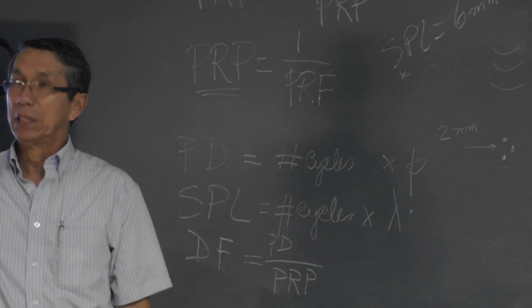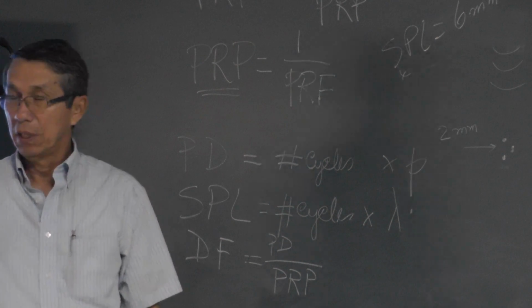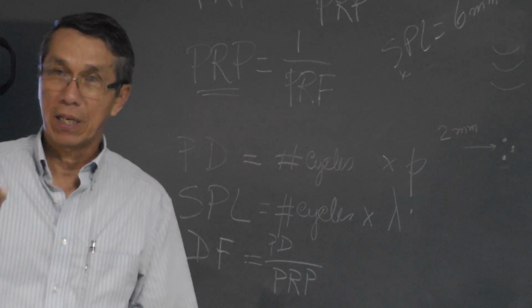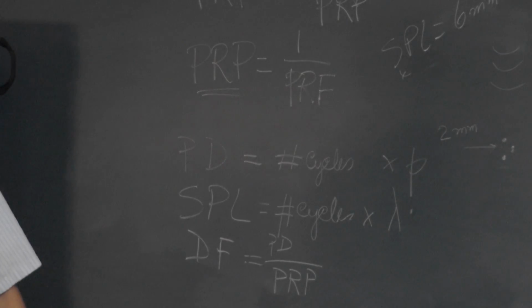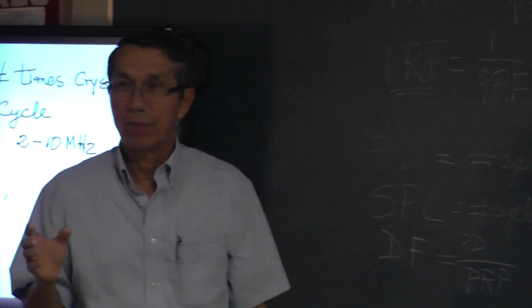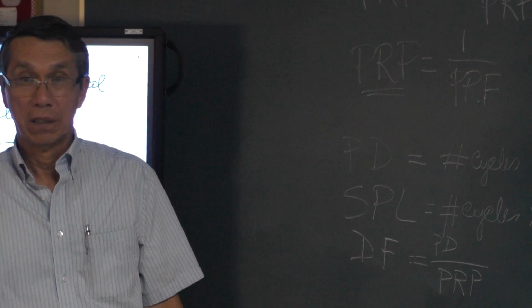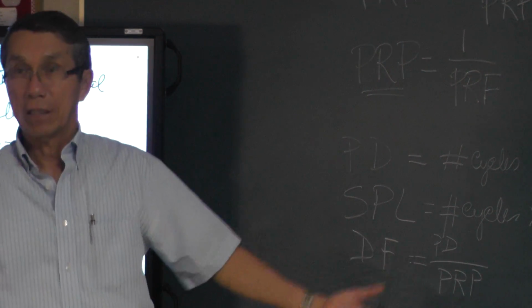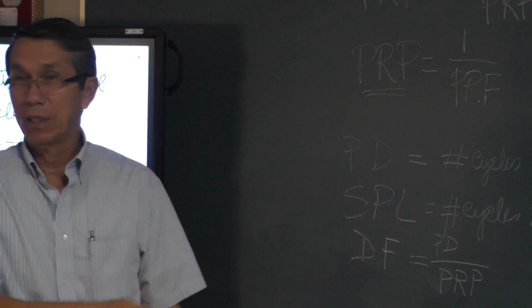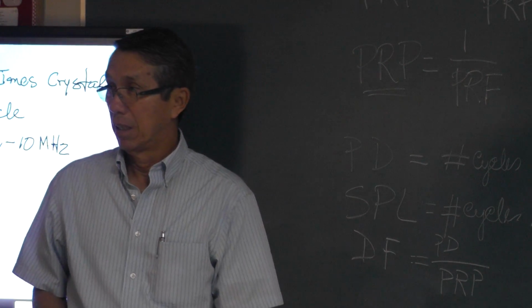So, once again, 99% of the time they will ask you how to find the PRF, and they will give you the distance, right? And that's it. You already have the other data.